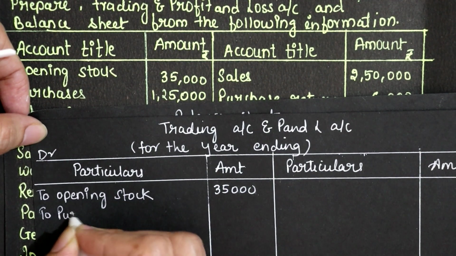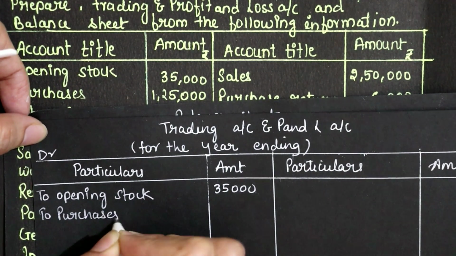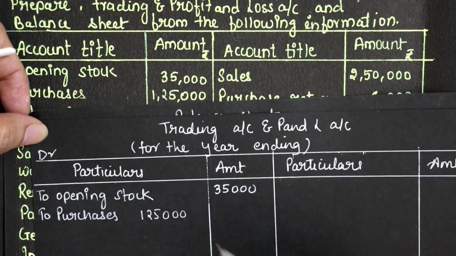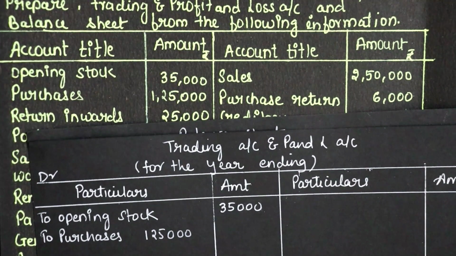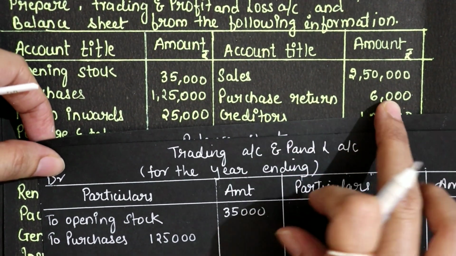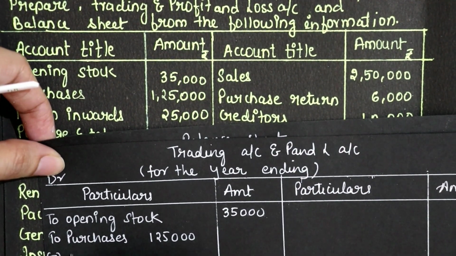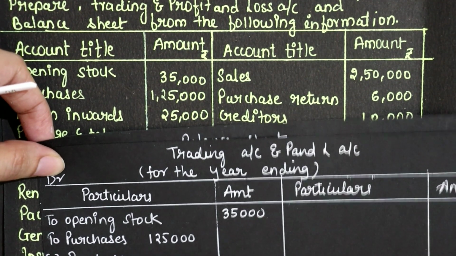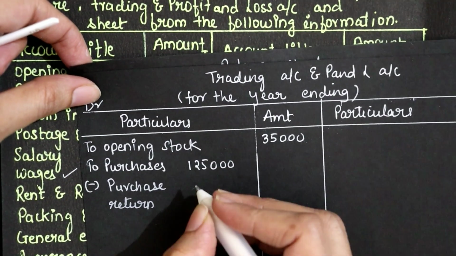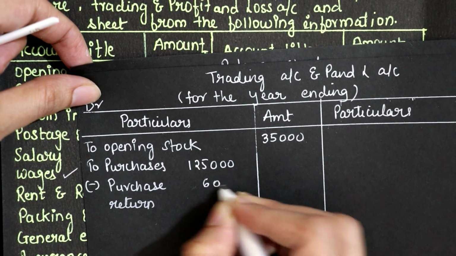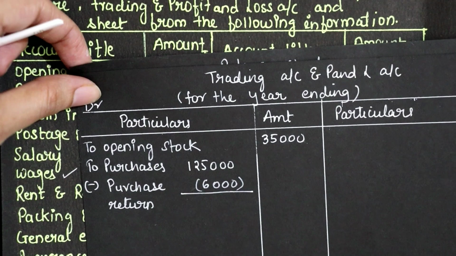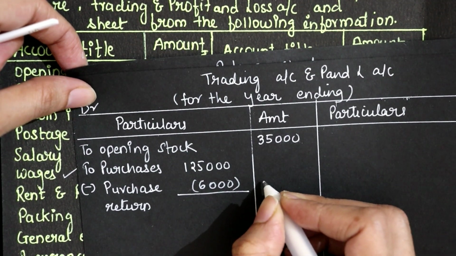To purchases, the amount will be written in the particulars column because we have to adjust the returns. 1,25,000 and it says purchase return 6,000, less purchase return 6,000, and this gives me 1,19,000.